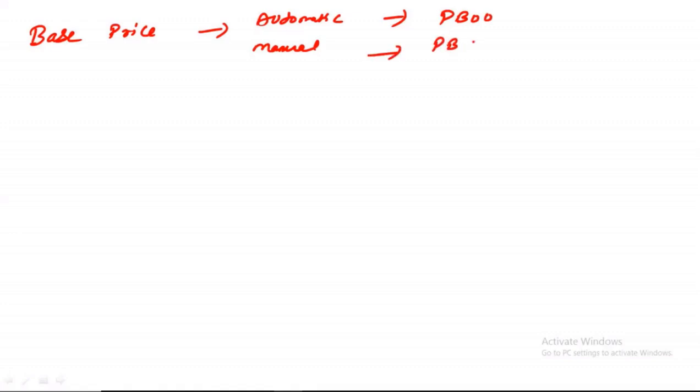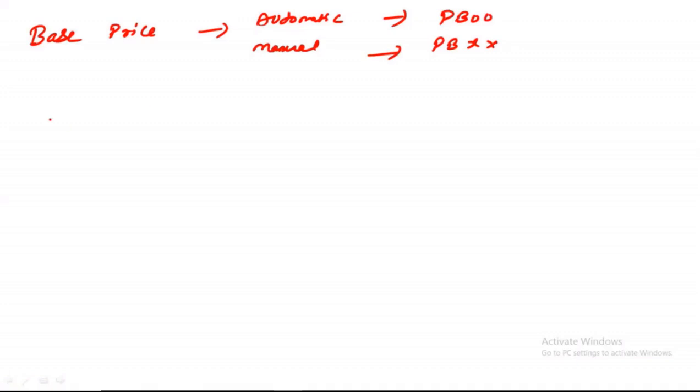So base price, we said that we have automatic, we have manual. For this, we are going to use standard PB00 and PB0X.